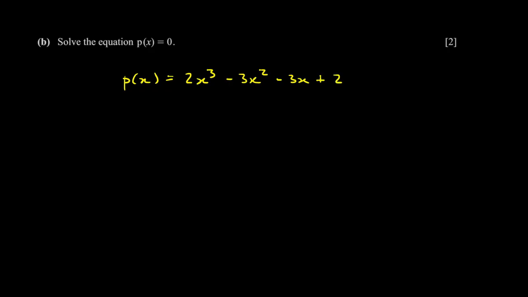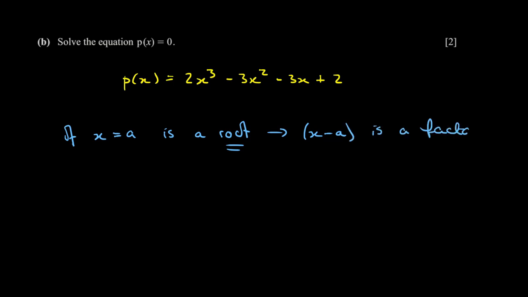Well, I think probably the easiest way that we can do is to use the factor theorem. And the factor theorem is as follows, right? If x equals a is a root, then it follows that x minus a is a factor. Right, so we know two roots, right?